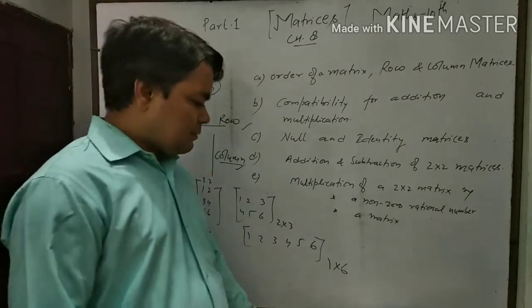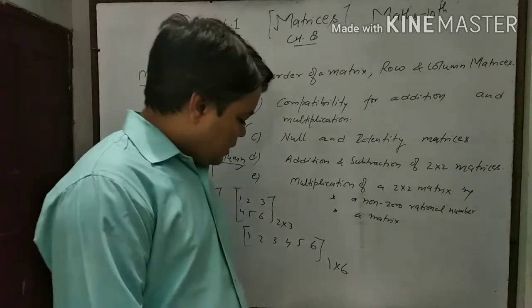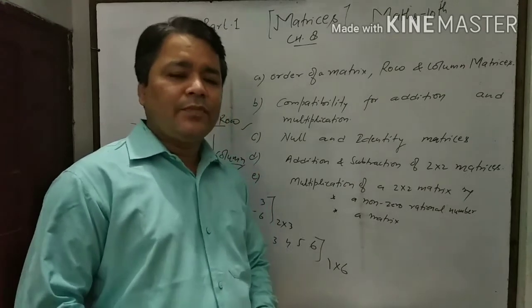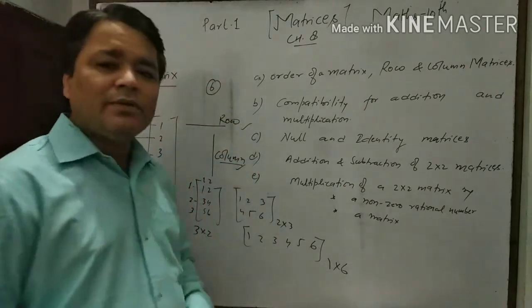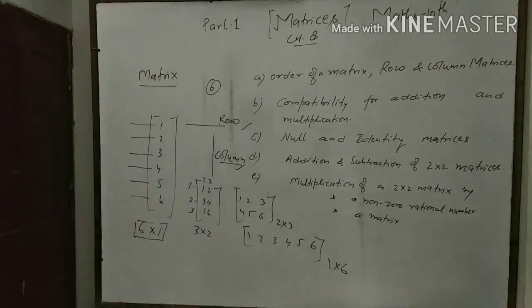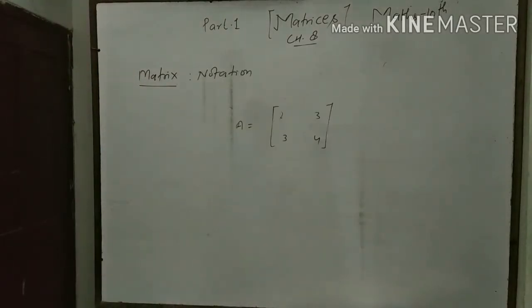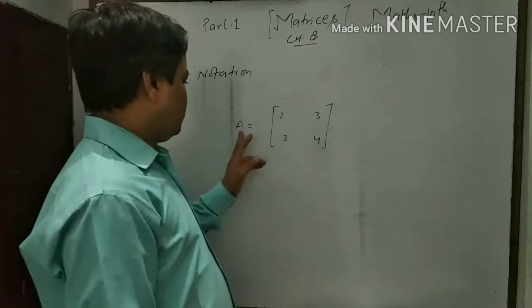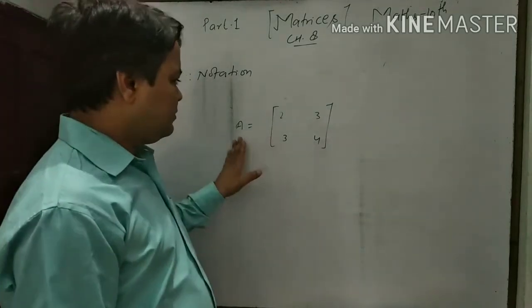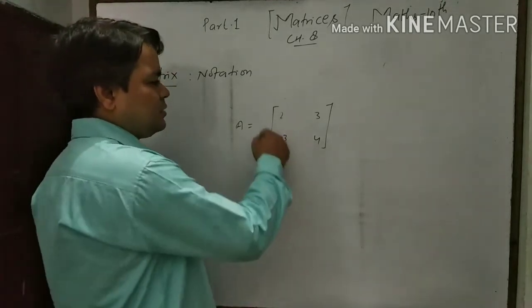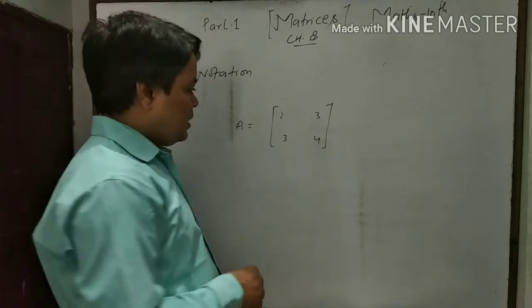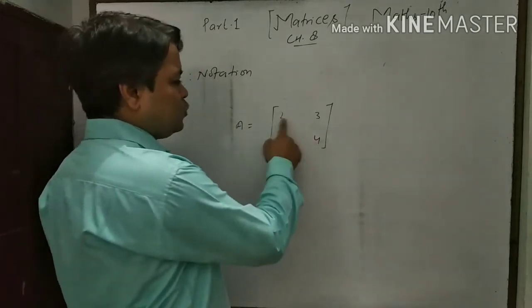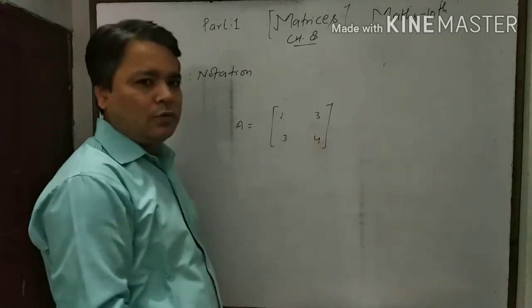After that, let us see how we can write the notation of a matrix. Here we take one matrix, A. The matrix is always written in a big bracket with a capital letter: 2, 3, 3 and 4.